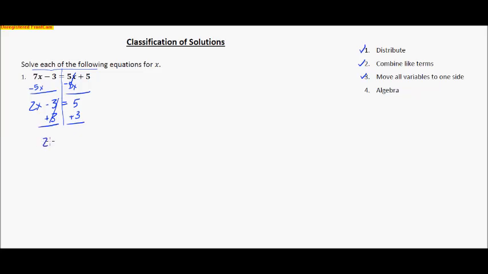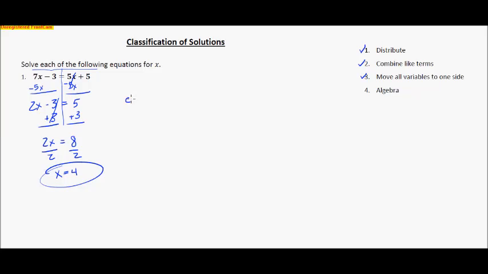I bring down my 2x, I bring down my equals, and 5 plus 3 is 8. Okay, and one last step here, I've got to divide by 2. Since this is 2 times x, I'm going to divide by 2, and I get x equals 4. Alright, so really that problem, nothing different than what we've done. We get x equals 4.